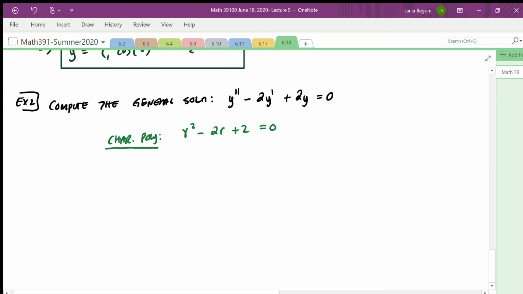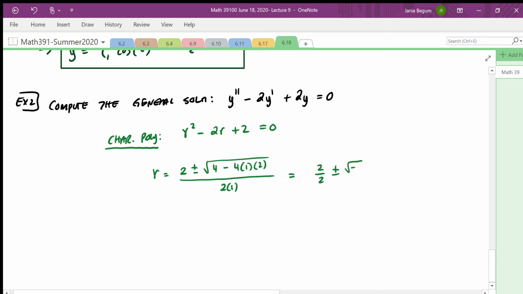The famous quadratic. So r is equal to negative b, so that's negative negative, positive 2, plus and minus the square root of b squared, so that's 4, minus 4ac, where a is 1 and c is 2, everything over 2 times a. Okay, so we have 2 over 2 plus and minus the square root of 4 minus 8, that's negative 4.